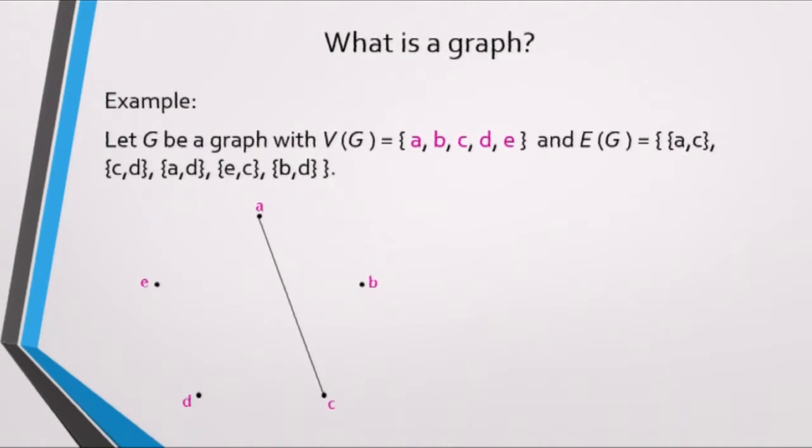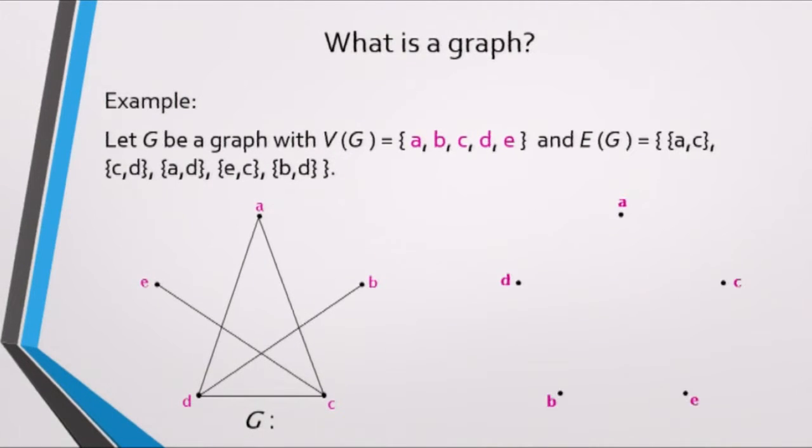First edge connecting vertices A and C. Second, C and D. Third, A and D. And E and C, B and D. However, it depends on how you label vertices. We may have the same graph but drawn differently.